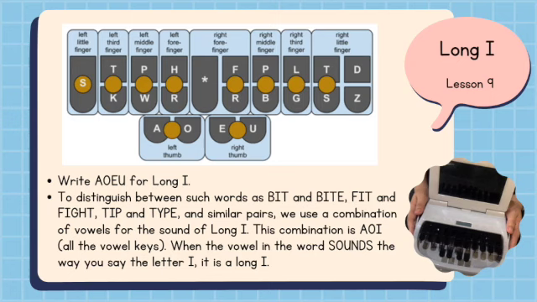When the vowel in the word sounds the way you say the letter I, then it is a long I. So when you hear that it sounds like the letter I, then we type it as long I. That's vowels A, O, E, and U.